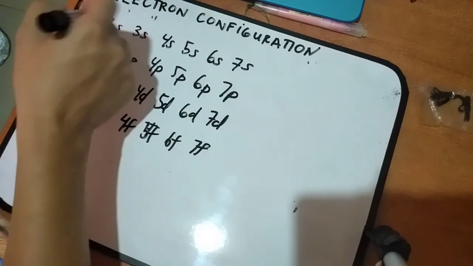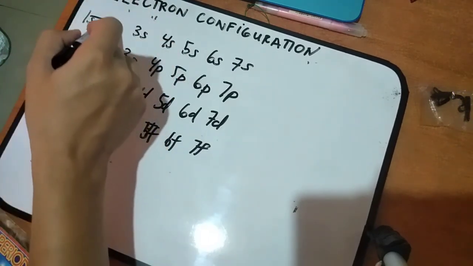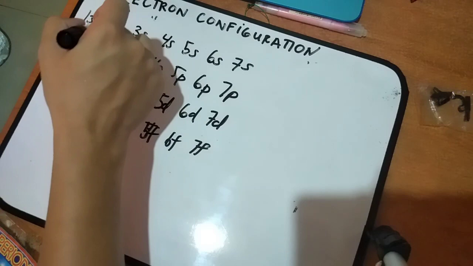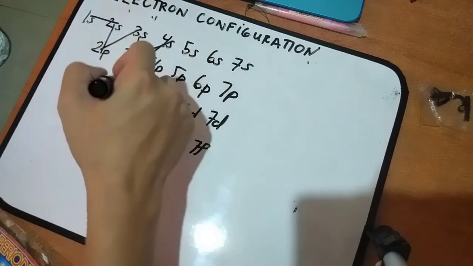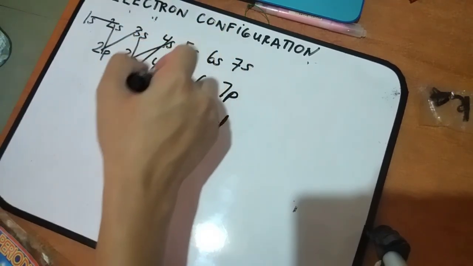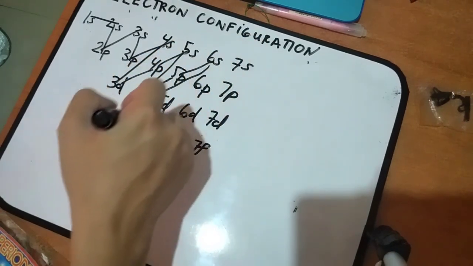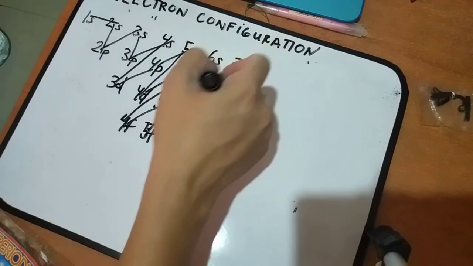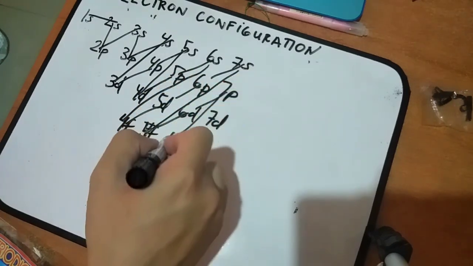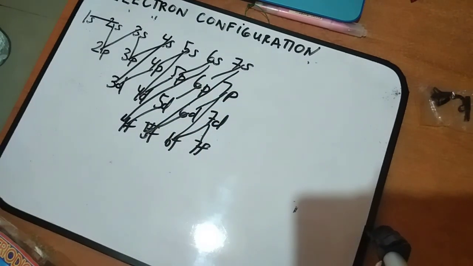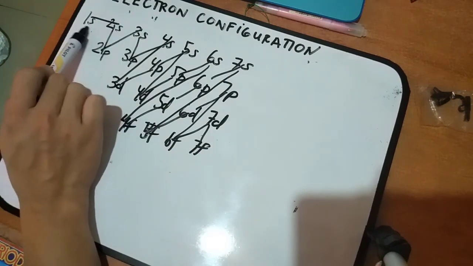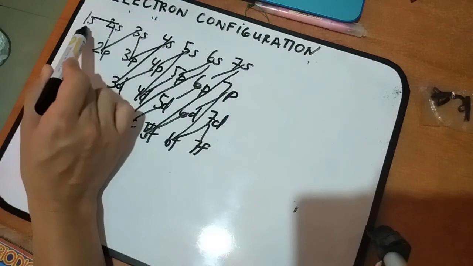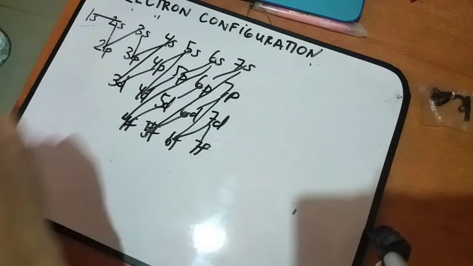So, ano yung rule? So, this one. Ito yung mnemonics. Okay? So, hindi ka pwedeng lumipat sa 2s hanggang hindi napupuno yung first energy level. So, you need to fill it first.